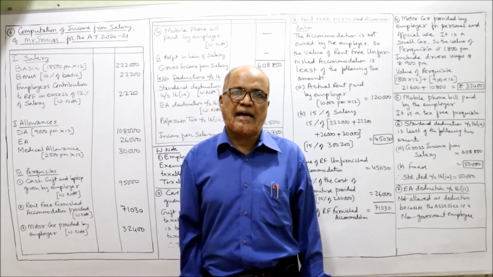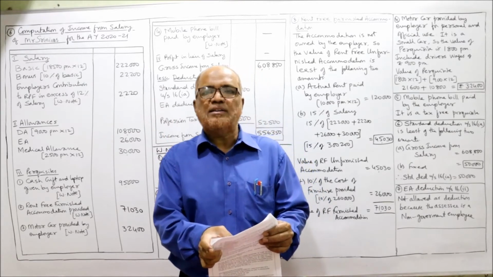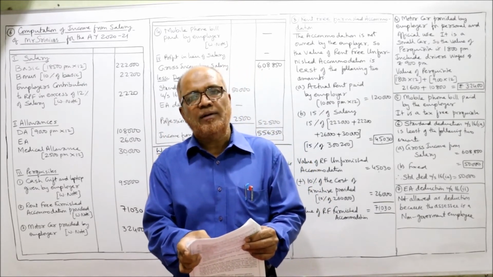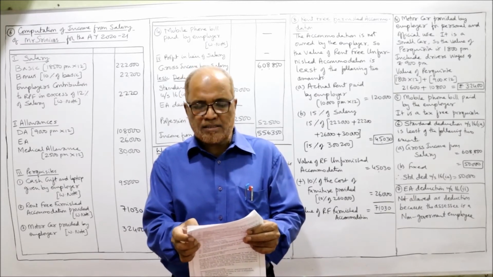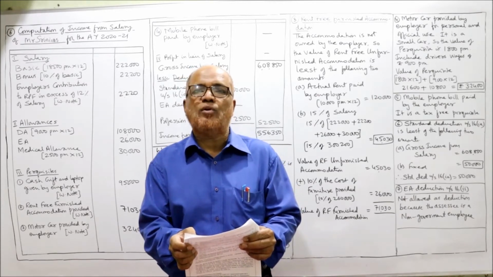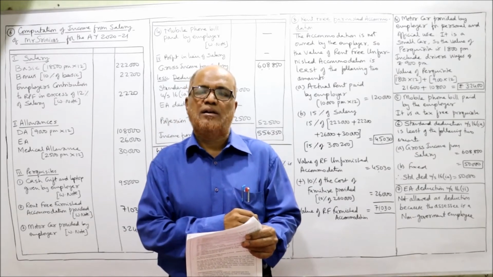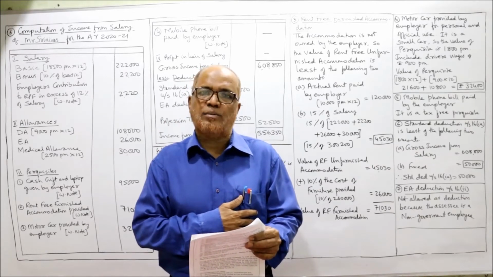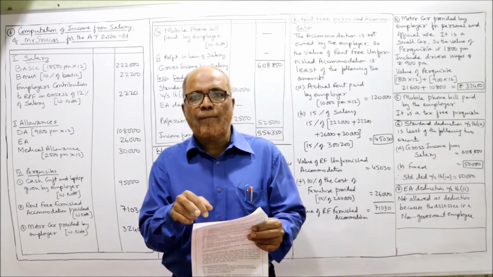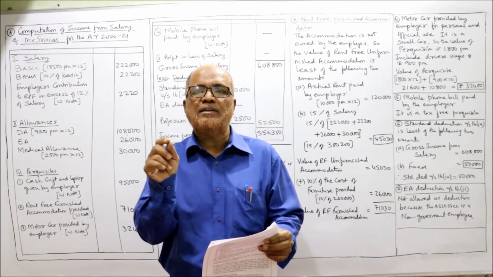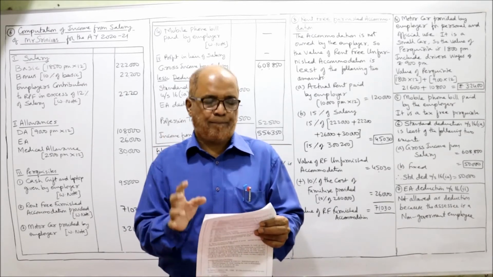The excess will be taxable. So here the 75,000 cash gift is fully taxable under perquisites, and for the 25,000 laptop, 5,000 is exempted. So the remaining 20,000 is taxable. So 75,000 plus 20,000, 95,000 rupees is the taxable gift.